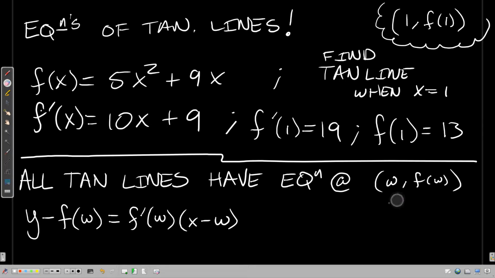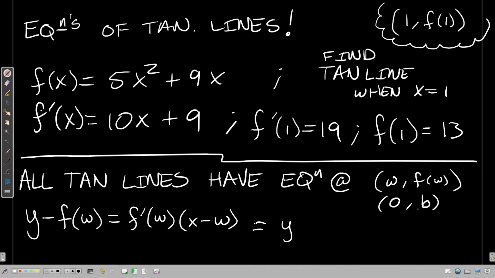Because if they wanted the tangent line at the spot where the curve crossed the y-axis, then look, this would exactly be y equals mx plus b, because it'd be y minus 0.